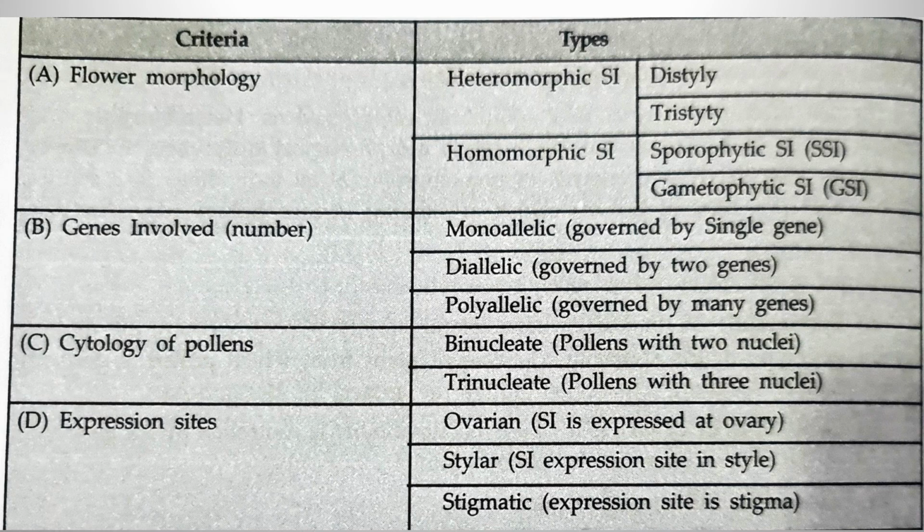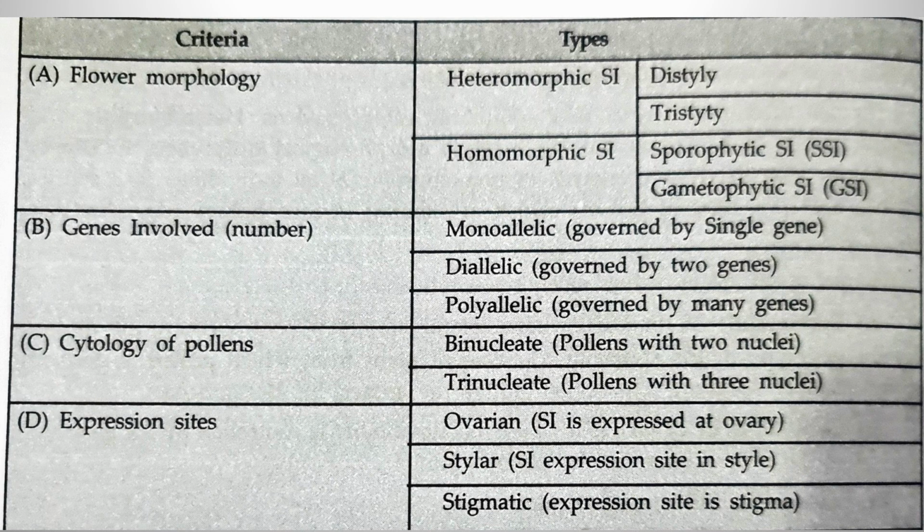And similarly, the cytology of the pollen grain also plays a role, because when the dehiscence of pollen grain takes place, some pollen grains are two cell, the generative cell and the tube cell, and in some pollen grains the generative cell divides to form two male gametes or two sperms. So, those are trinucleate.